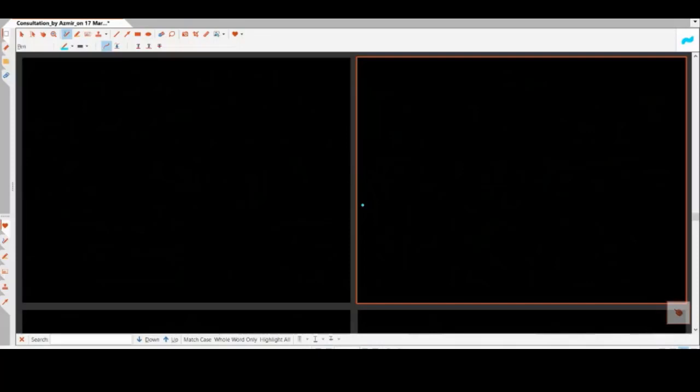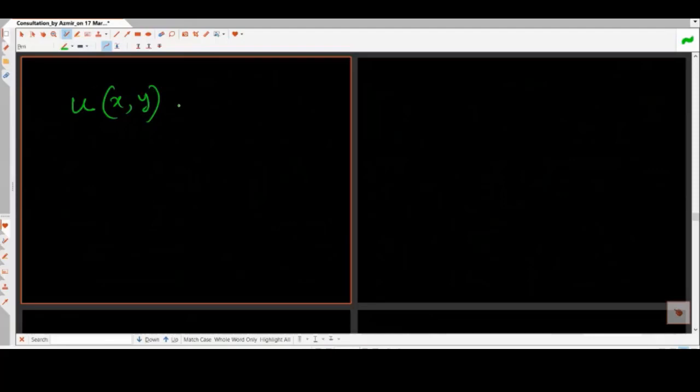So let's say we have a function u, which is a function of x comma y. Let us consider that u is equal to 2x times (1 minus y).